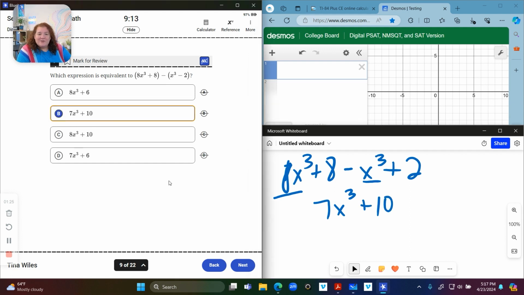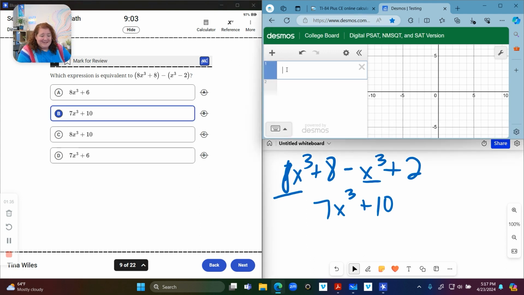If you're not sure if you did that right, or you thought you needed to FOIL the problem, when you have a variable, you could plug in a number. So I could say x equals 2 and plug that in: 2 cubed plus 8 minus parentheses 2 cubed minus 2.